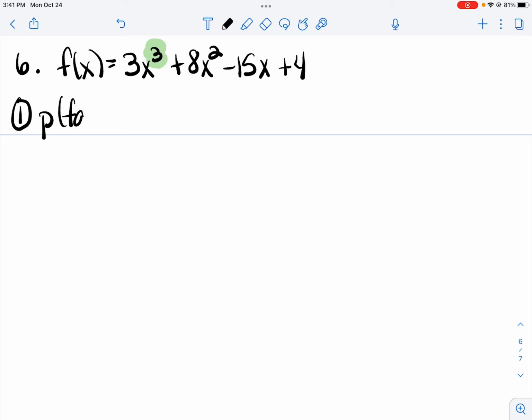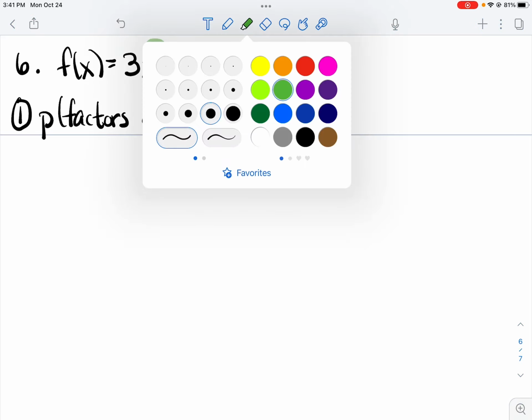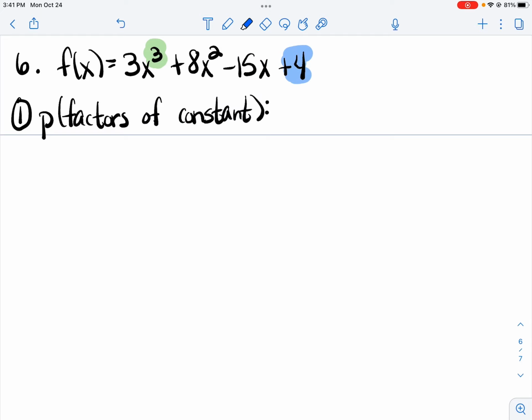So P, the factors of the constant. I think about the factors here of 4. Well, the factors of 4 are 1 and 4 and 2 and 2. And so I'd have plus or minus 1, plus or minus 2, and plus or minus 4.